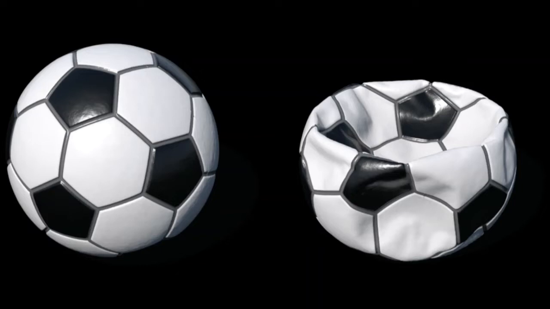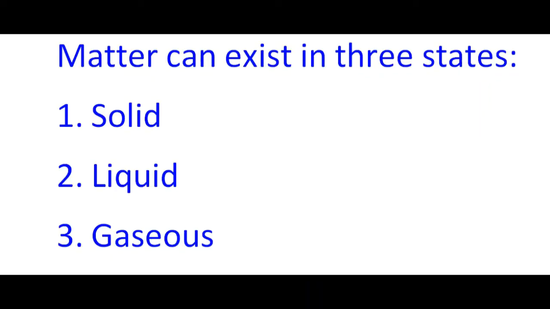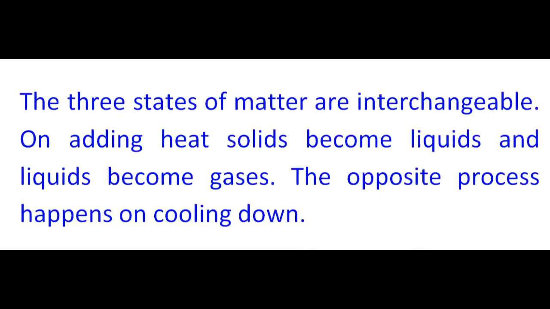Now matter can exist in three states. I will explain it very soon, but you can learn it as well. Matter can exist in three states: solid state, liquid state and gaseous state. And also learn at this point that the three states of matter are interchangeable. One state can be transformed to another state.